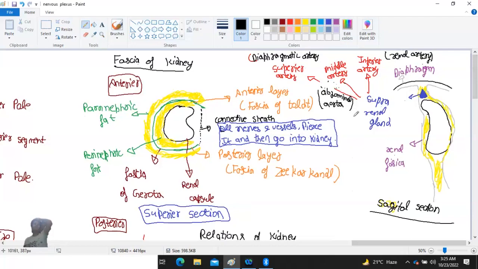Right? So this is the blood supply of the suprarenal gland, like this. This is an important point for the suprarenal gland.